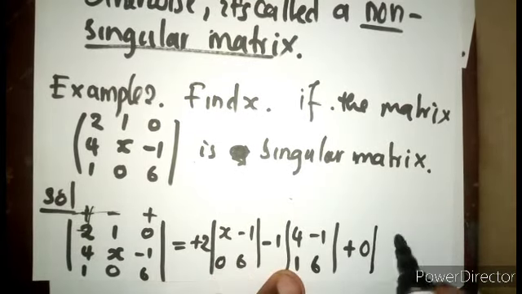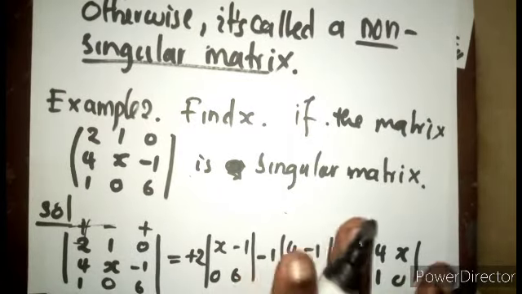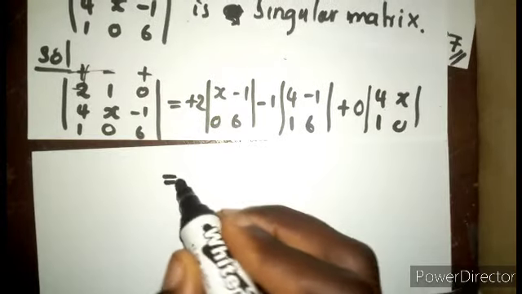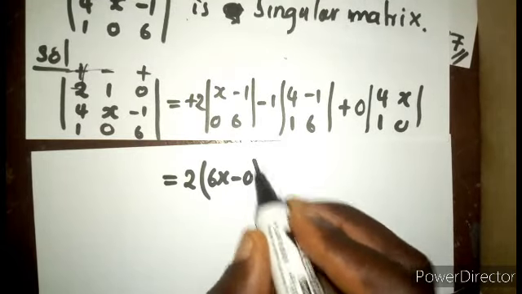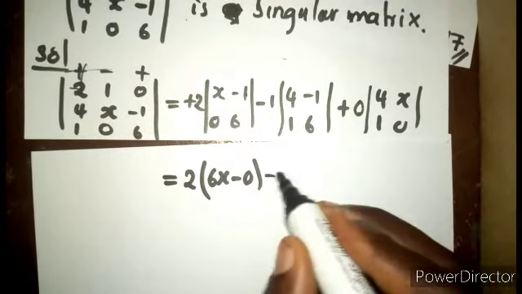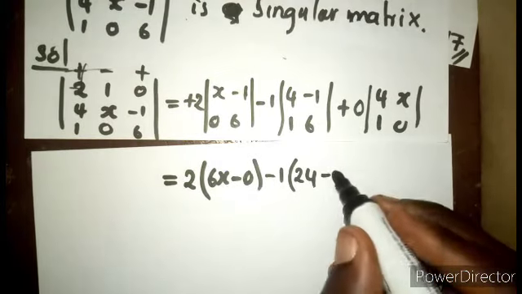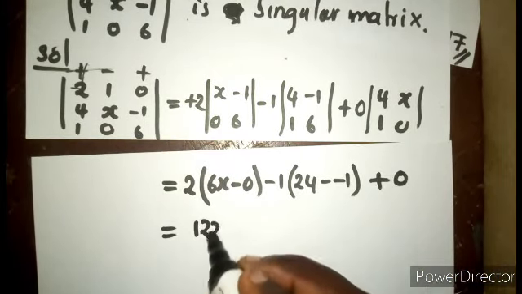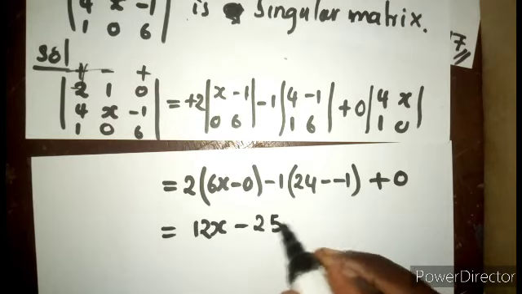That means this term will vanish, everything will vanish. So we have 2 into 6x minus 0, minus 1 into 24, minus 0.